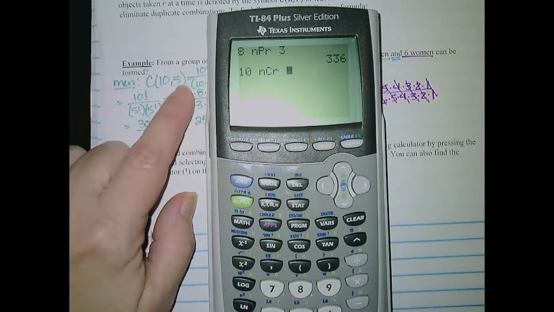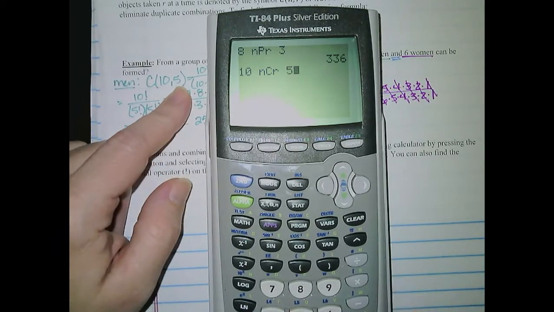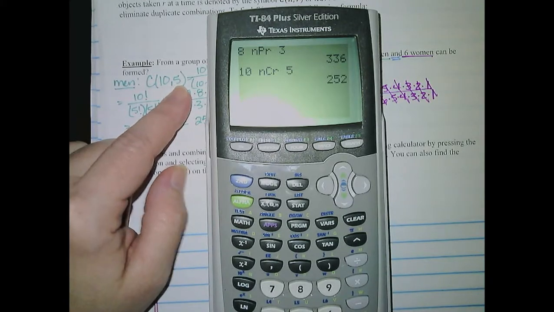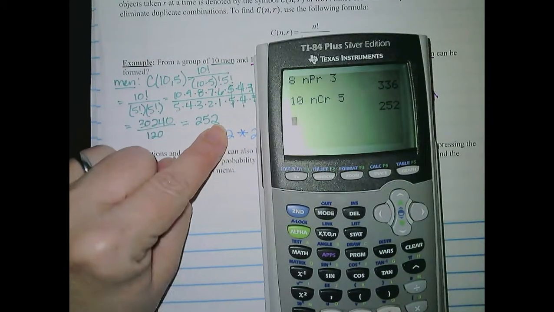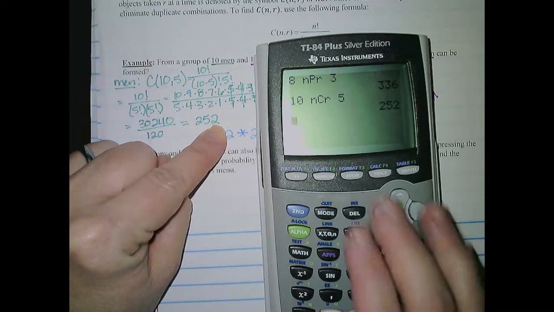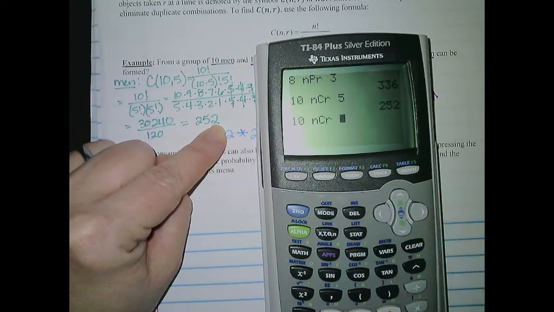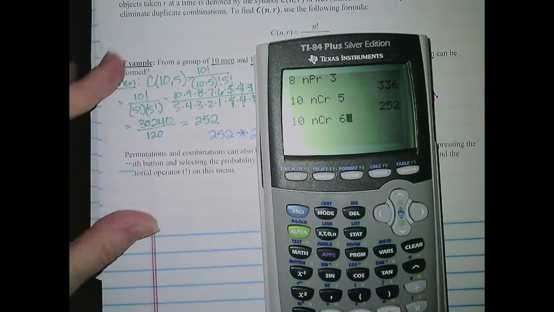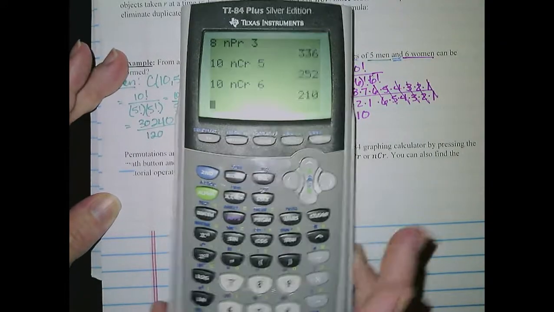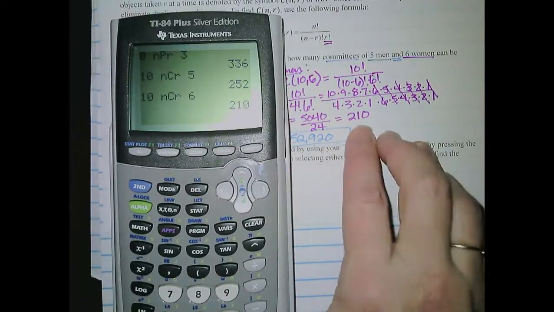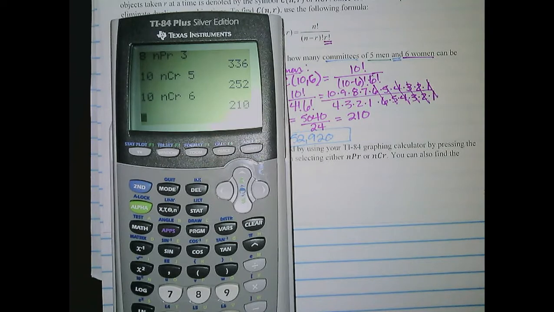And if we chose 5 of those men, we get that there are 252 different combinations we can create. For our women, we chose 6. There are 210 different combinations of 6 women that we could choose from our group of 10.